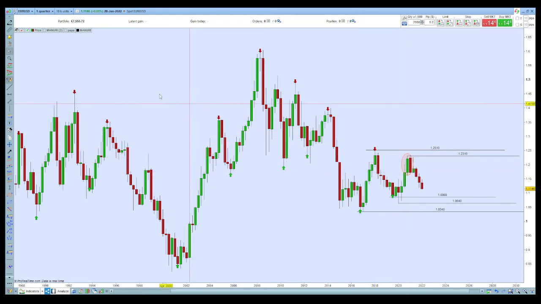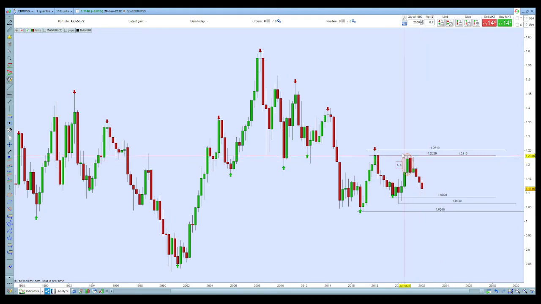Okay? And in the market, when we have a resistance at the same level as the previous bearish engulfing pattern, we have more chance of the market turning at that point. So basically right here, this is what happened.